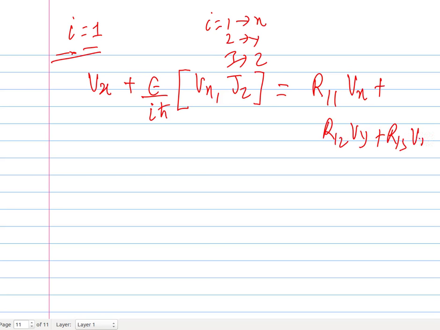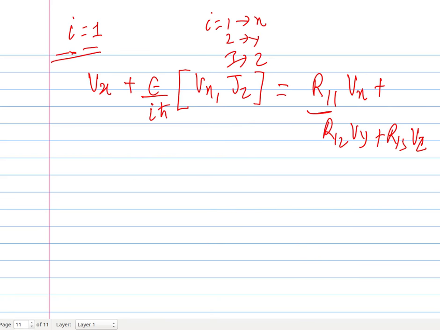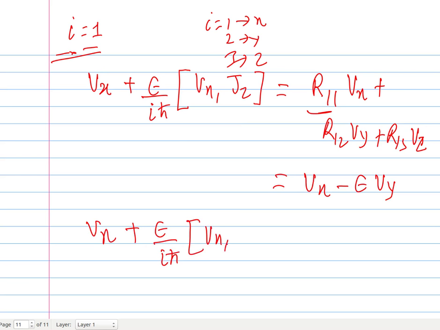But here R11 is 1, R12 is minus epsilon, R13 is 0. So I will get Vx minus epsilon Vy. So I have Vx plus epsilon by i h bar, Vx commutation with Jz, equal to Vx minus epsilon Vy.